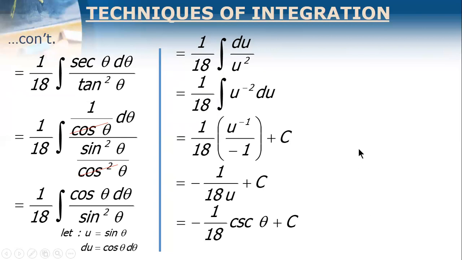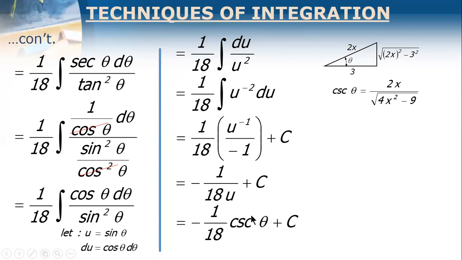If you recall the triangle for this problem, okay, this is the triangle. Cosecant is the reciprocal of sine. Sine is opposite over hypotenuse. Therefore, cosecant is hypotenuse over opposite.